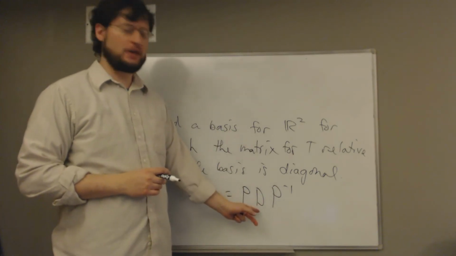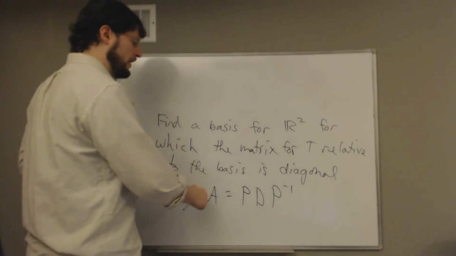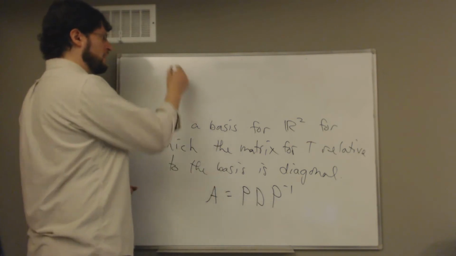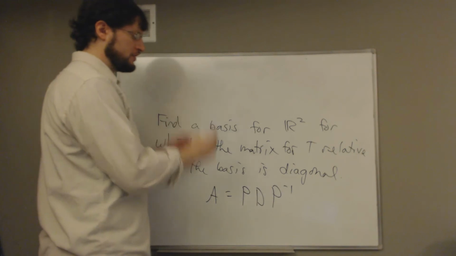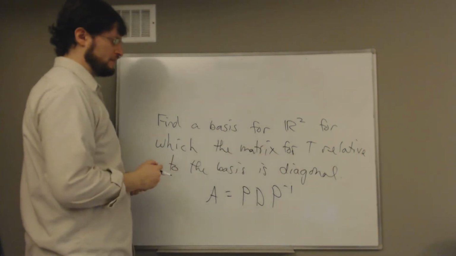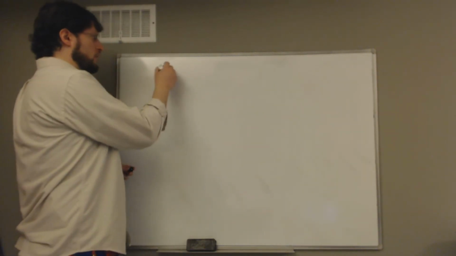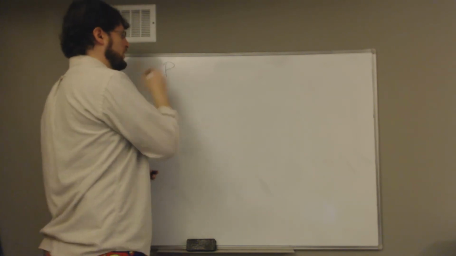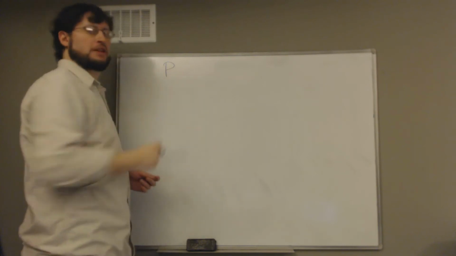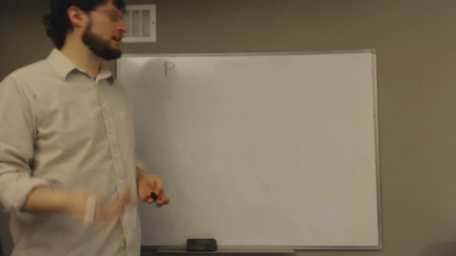D is created by finding the eigenvalues. But P is an invertible matrix because it's made of linearly independent eigenvectors.